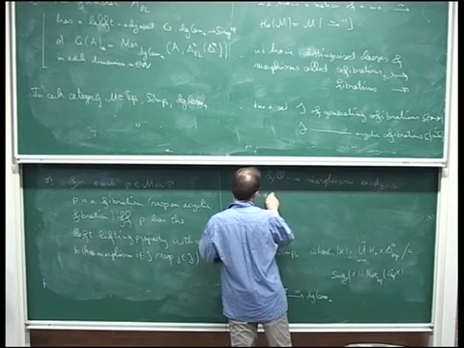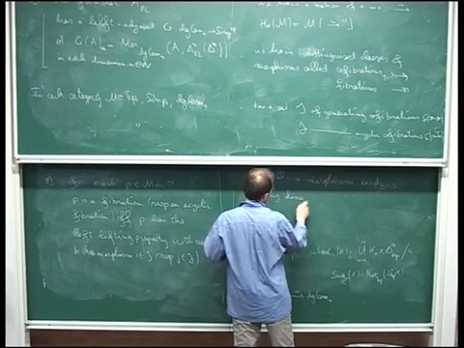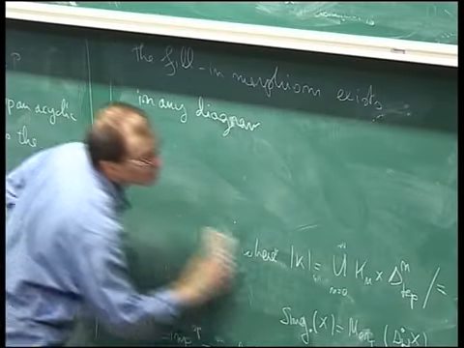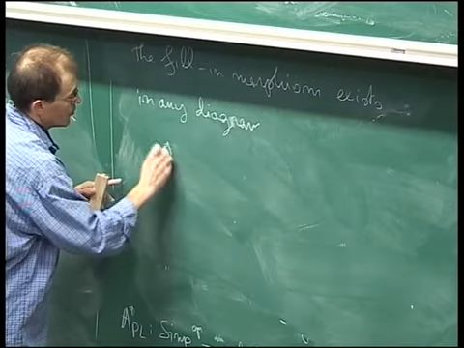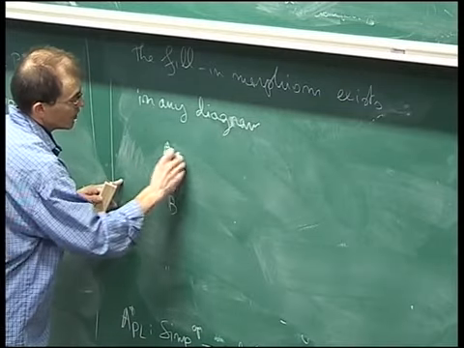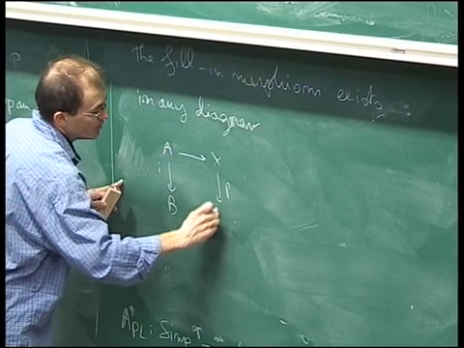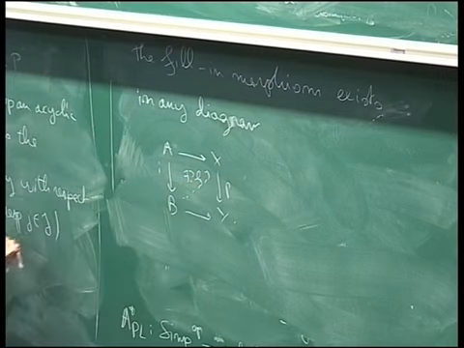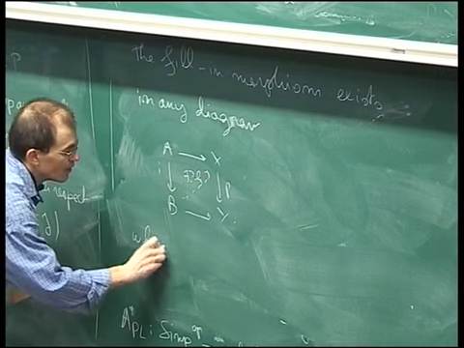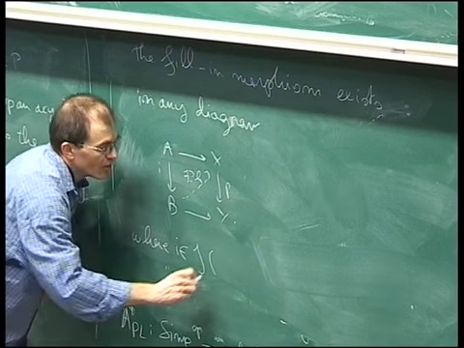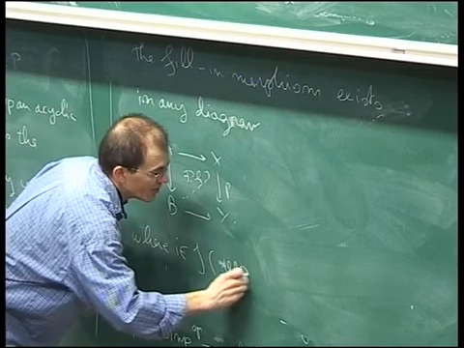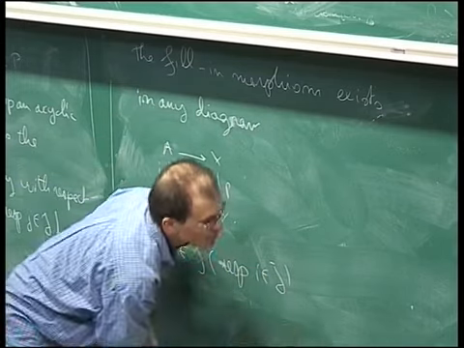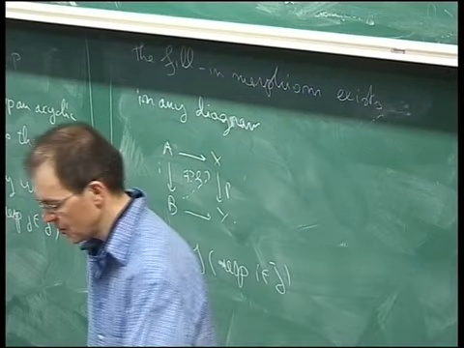In any diagram of the following form, A to B, I, X, E. So the fill-in morphism is this map, where I belongs to I, or respectively I belongs to J. And you have some additional axioms.